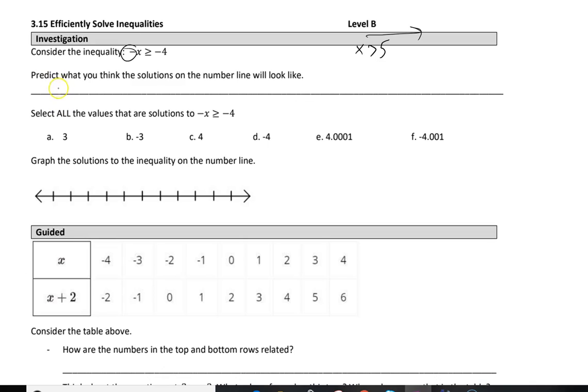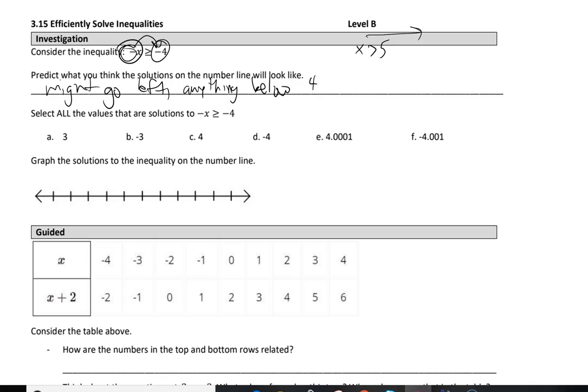So I'm actually going to predict that this one might go left. By that I mean anything below, and again we're talking opposites. So if I'm doing the opposite of -x, maybe it's going to be the opposite of -4 also. So I'm going to say actually anything below 4 because I'm going opposite. Let's see if that works.